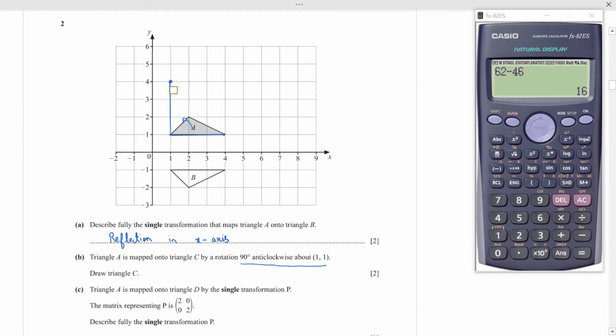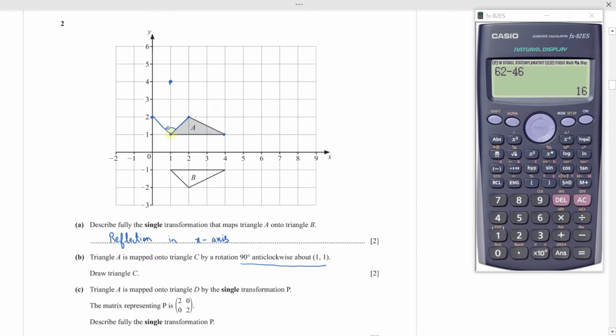And then similarly, I'll erase this line since I've already found where the point will lie. I don't need this anymore. So now I've found two vertices. This will stay here. This point will move to this location. And now I have to find the location of the image of this vertex. If I connect this to the center and then rotate 90 degrees anti-clockwise, go the same distance, I will end up here.